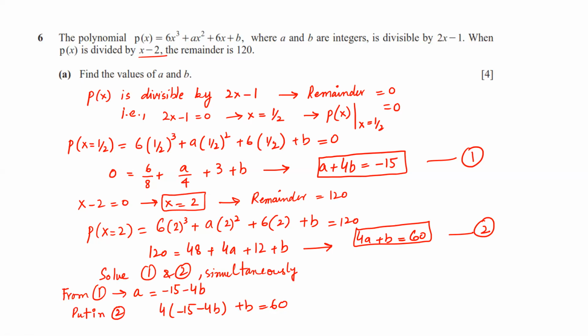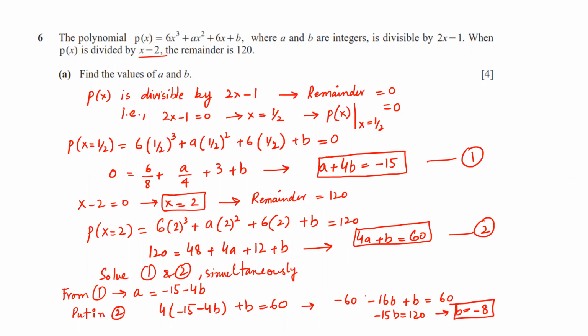Okay, and this comes out to be minus 60 minus 16b plus b equals 60, and overall this is equal to minus 15b equals 120, and the value of b is equal to minus 8.